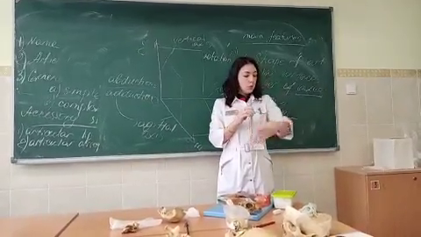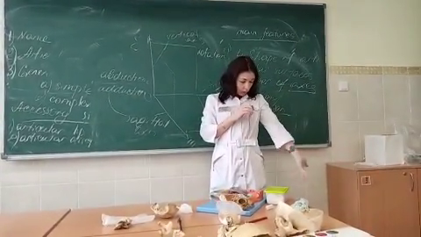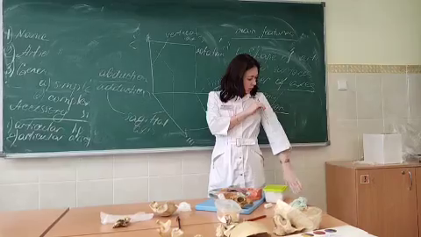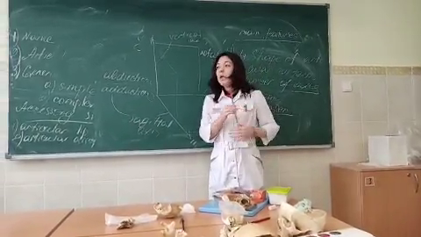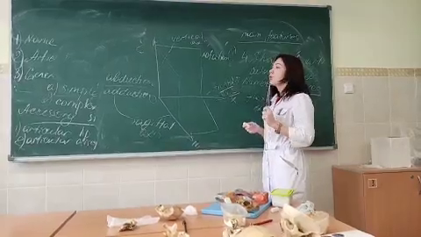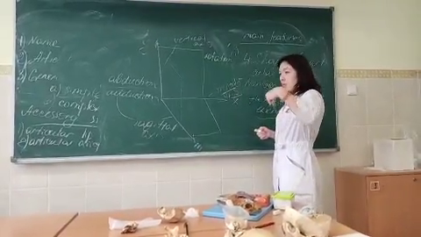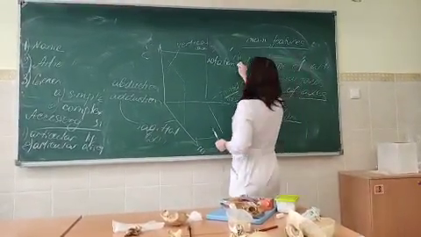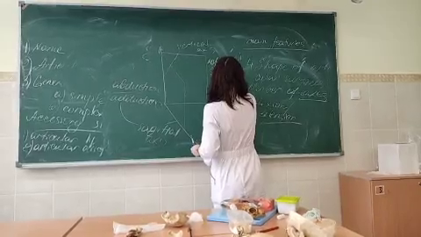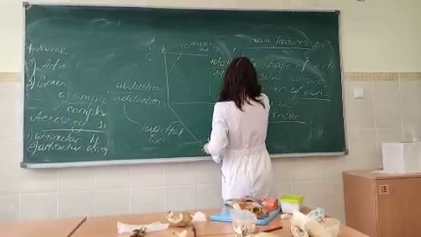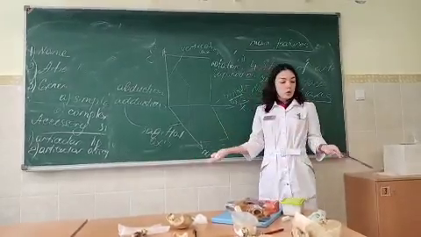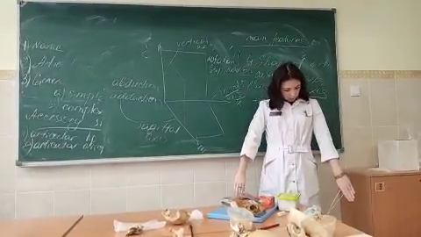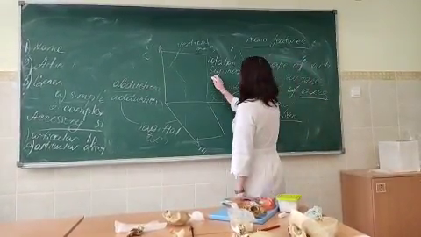It can be rotation outward, or lateral rotation, and it can be directed inwards, which is medial rotation. For this, there are special terms. Rotation outward is named supination, and rotation inward is pronation.